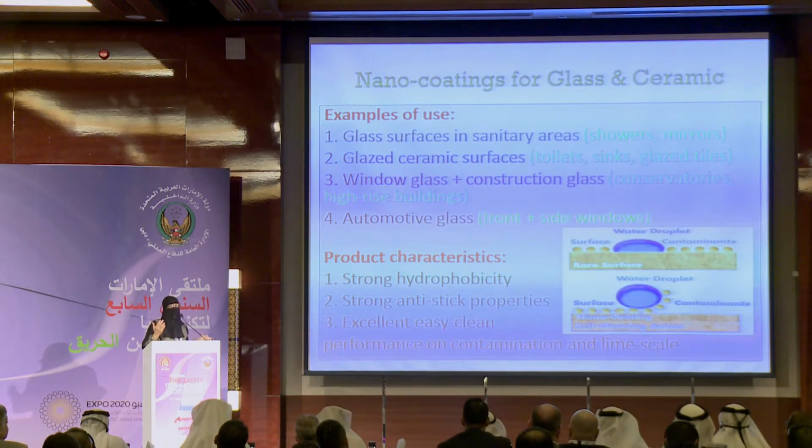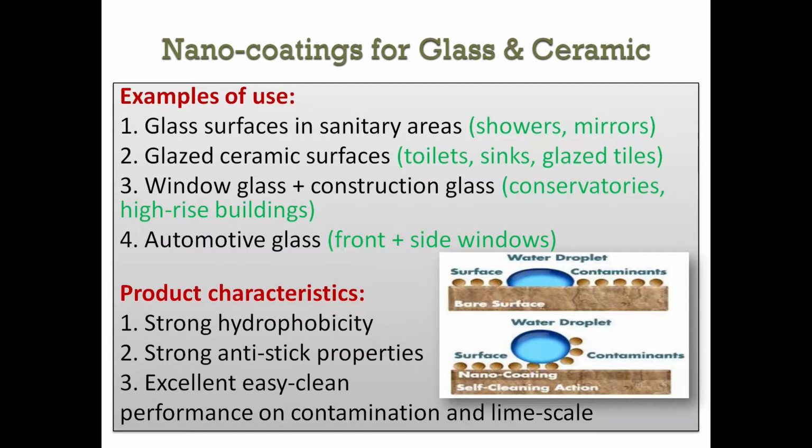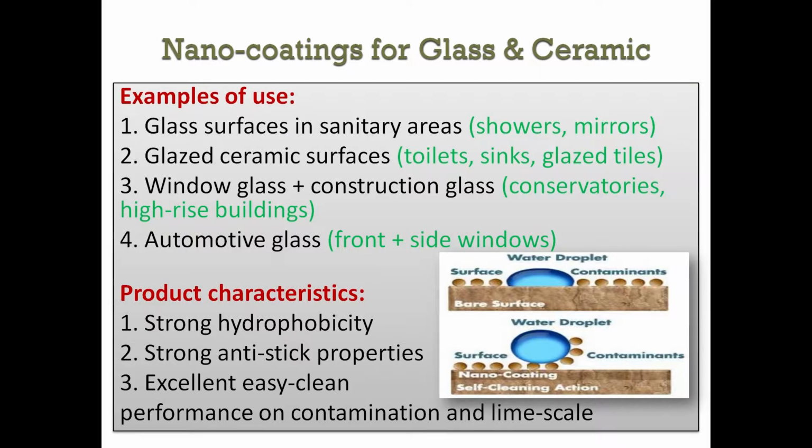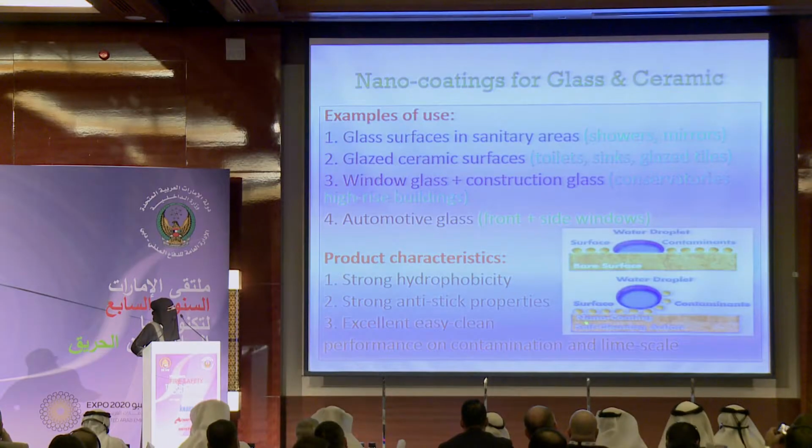And what does nanotechnology provide to the product? Well, it could provide a strong hydrophobicity. What does that mean? This is the surface of glass or ceramic, let's say. The nanoparticles could give the surface hydrophobicity, making it lack affinity for water, just like this.